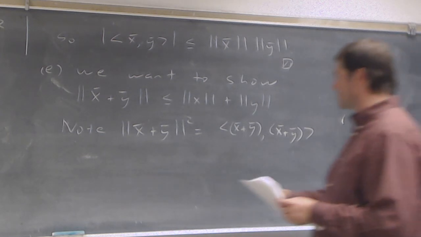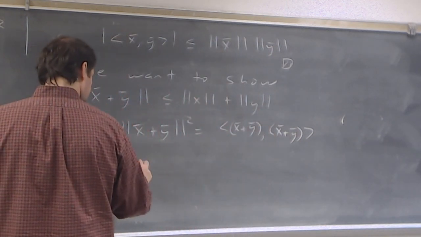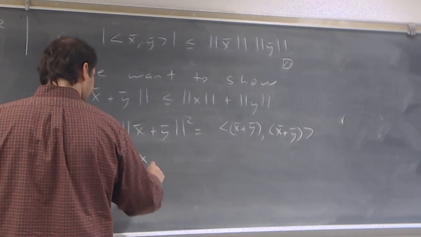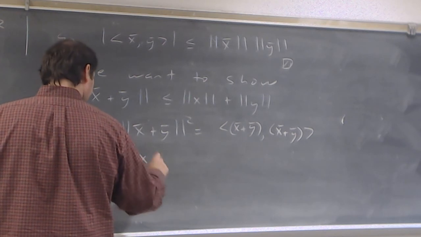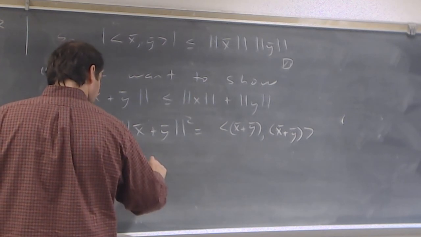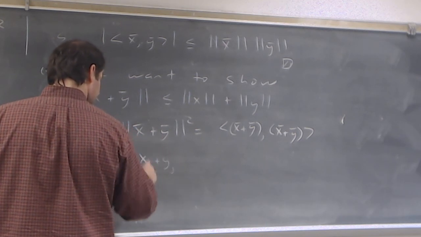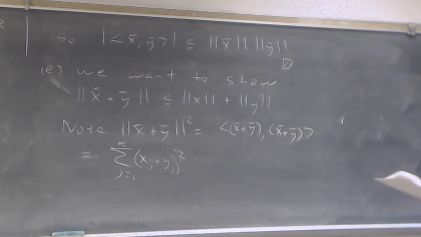So this is equal to the sum, j runs from 1 to k, of x sub j plus y sub j, squared. The inner product behind the b.